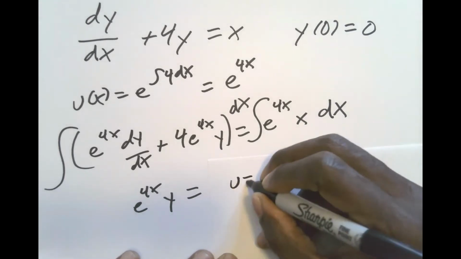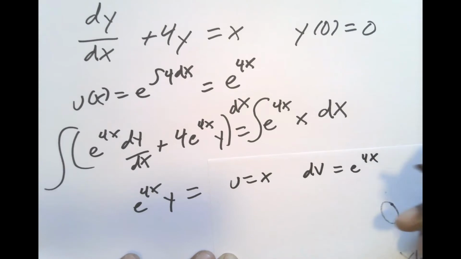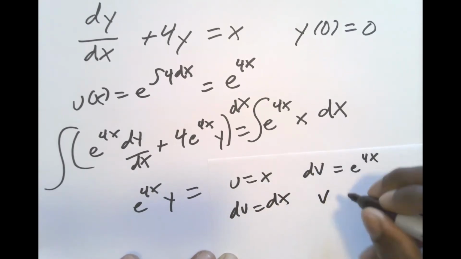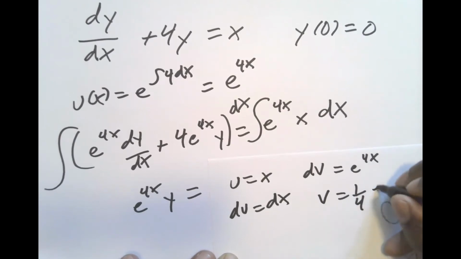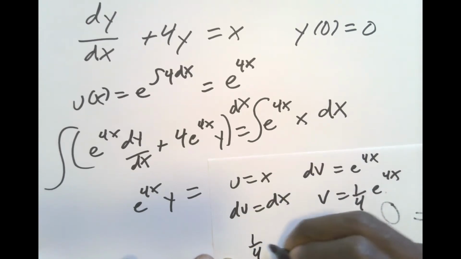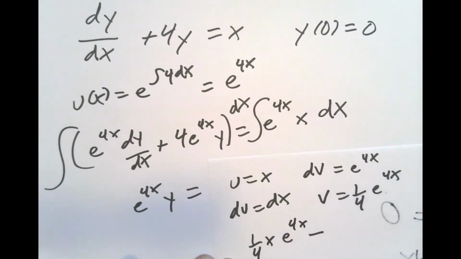So let's say I let u equal x and dv equal e to the 4x, which means du would be dx and v would be 1 over 4 e to the 4x. And so this integral is u times v, so that's 1 over 4 x e to the 4x minus the integral of v du.